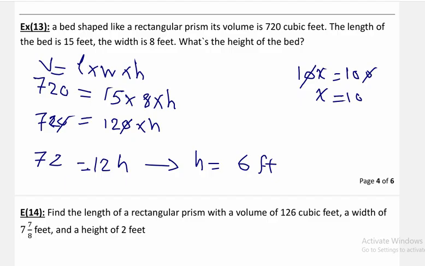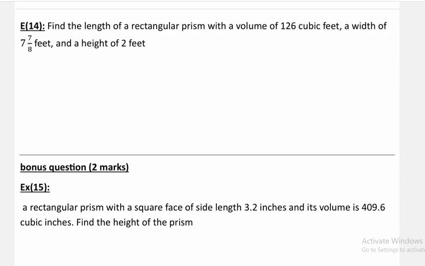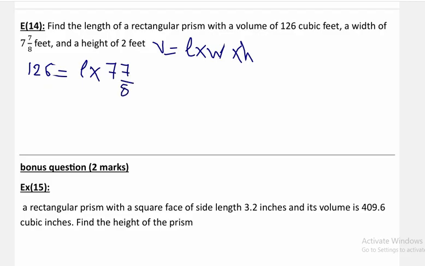Okay, solve the next one by yourself and check your answer. Find the length of a rectangular prism with a volume of 126 cubic feet with a width of 7 and 7/8 and height of 2 feet. Again, apply the law. Volume equals length times width times height. You have 126 equals L, I don't know it, and the width of 7 and 7/8 times 2.